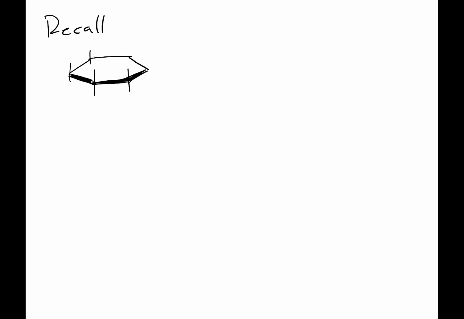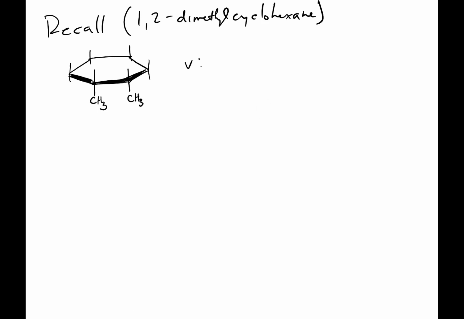Let's forget about all the hydrogens and focus on the CH3s, so we have 2 CH3s here and here, on adjacent carbons. We're calling this 1,2-dimethylcyclohexane. Recall 1,2-dimethylcyclohexane, where the methyl groups are on adjacent carbons, versus this situation.